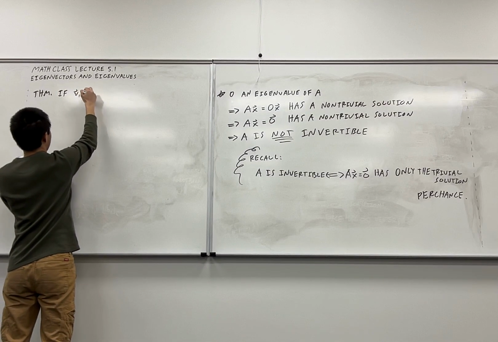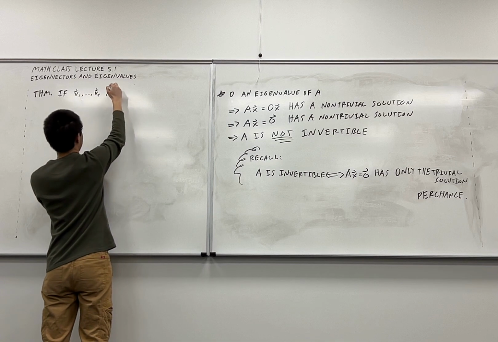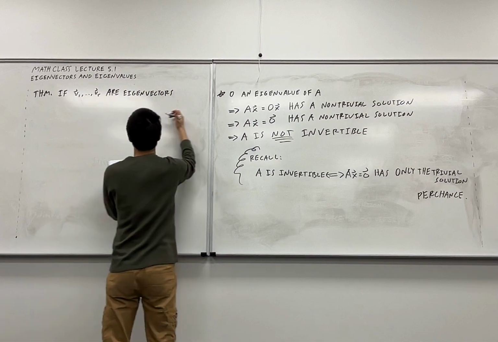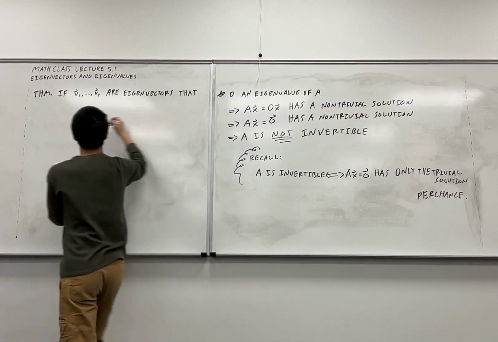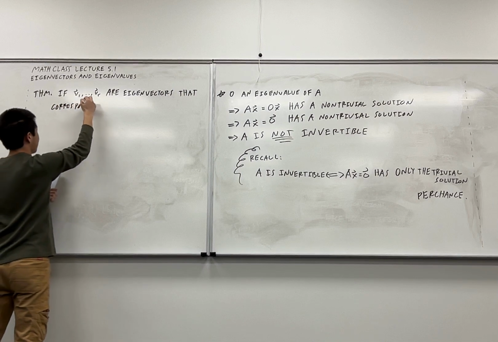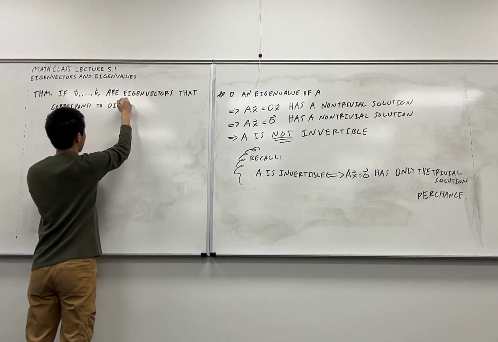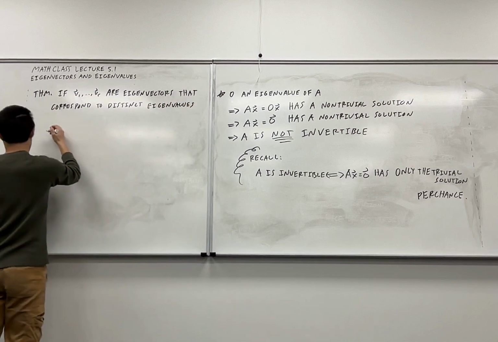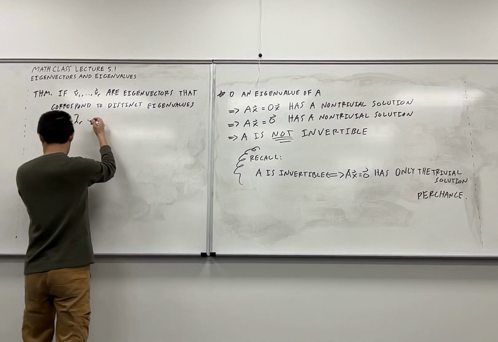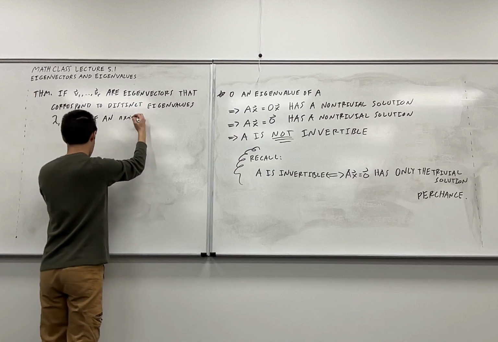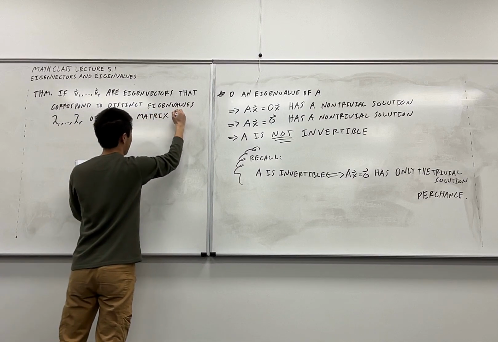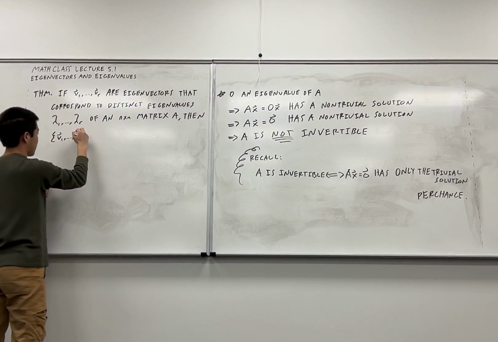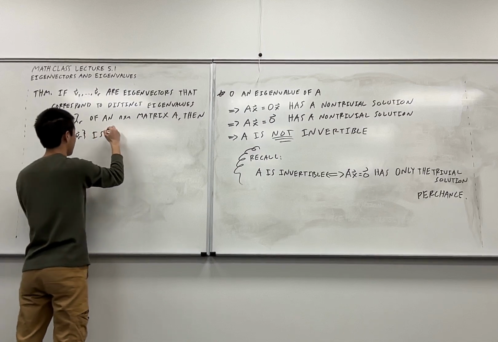If I have a set of vectors v1 through vr, and not just any vectors, but if these are eigenvectors that correspond to distinct eigenvalues lambda 1 through lambda r of an n by n matrix A, then the set of vectors v1 through vr that we started with, if taken as a set, we can call it linearly independent.